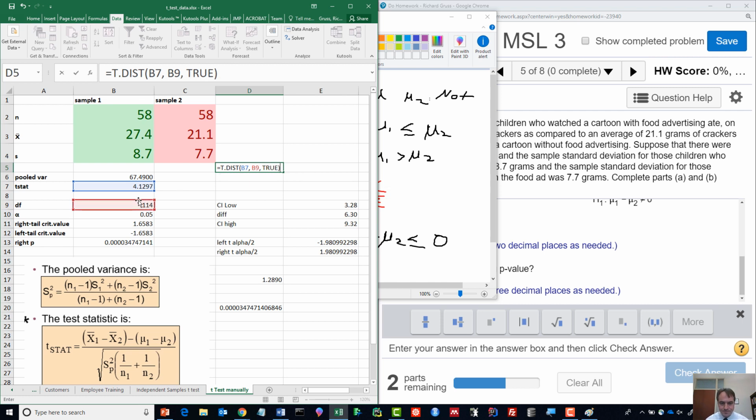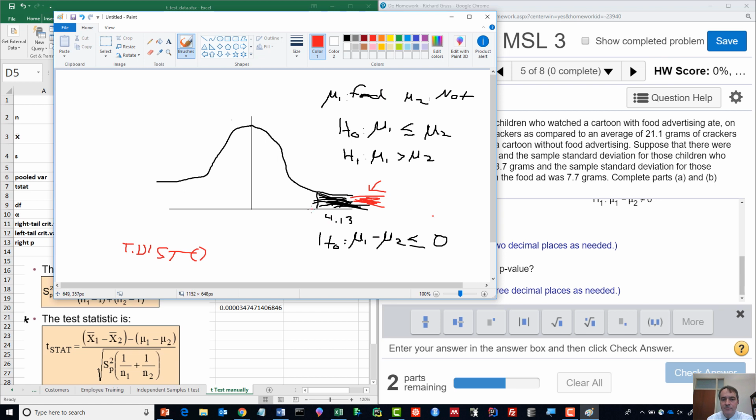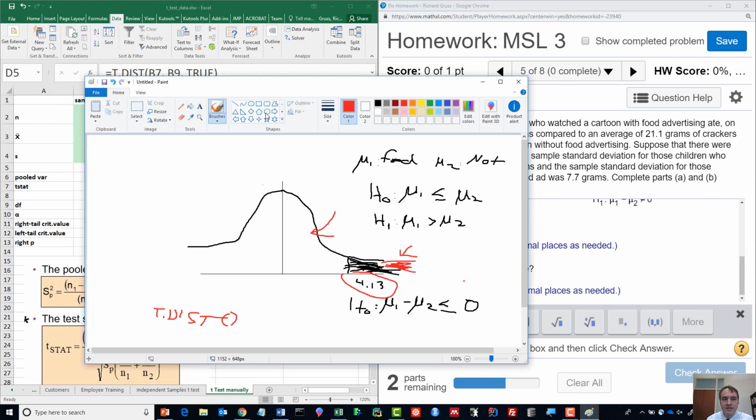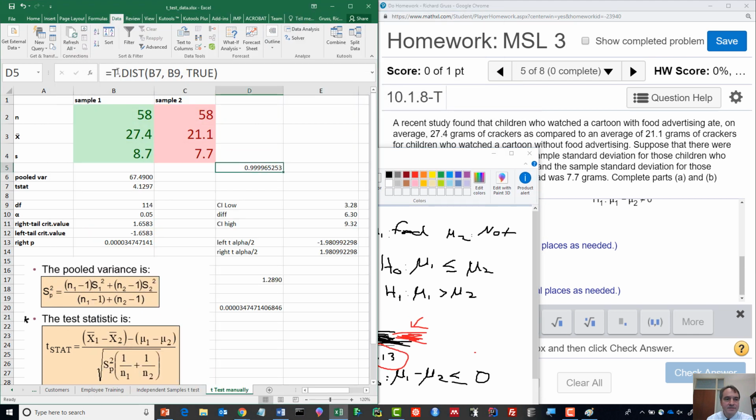Now this is not going to be correct because remember that Excel accumulates area from the left. So this is the amount of area to the left of this 4.13. So we need to do 1 minus this.